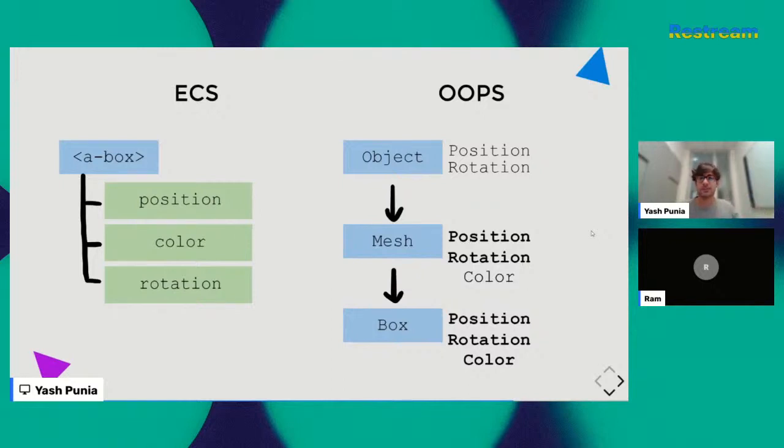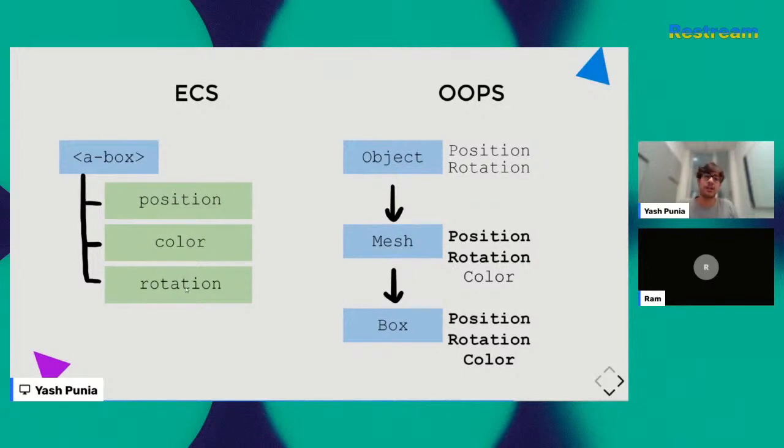You associate functions to it, and the best part of ECS is that to create another living being, you don't have to inherit or limit yourself. Simply add the correct components to it. You can create new components and attach them, and it will create a new object. So like the box that I showcased earlier, it had position, color, rotation, and you can add n number of attributes to it, and it would work perfectly fine.